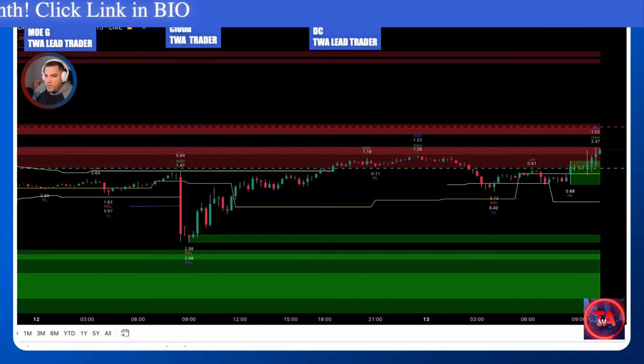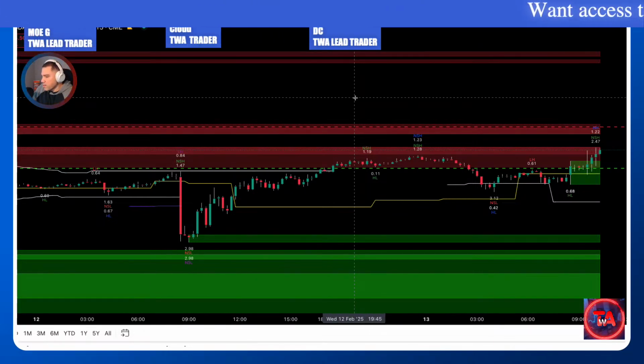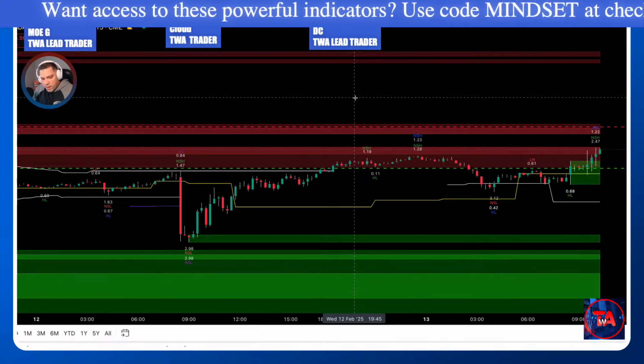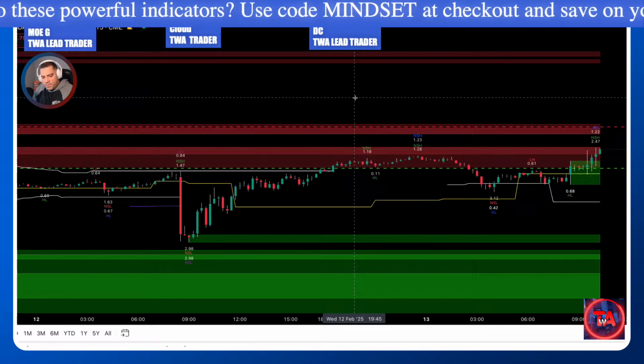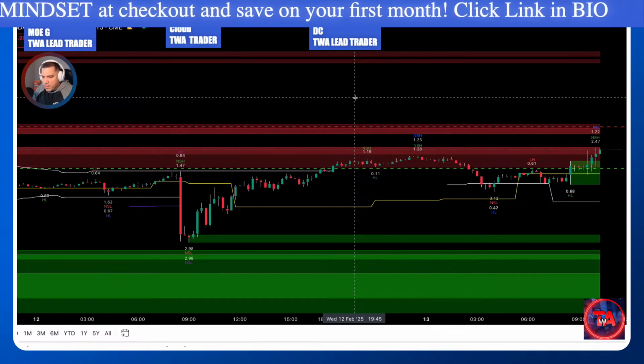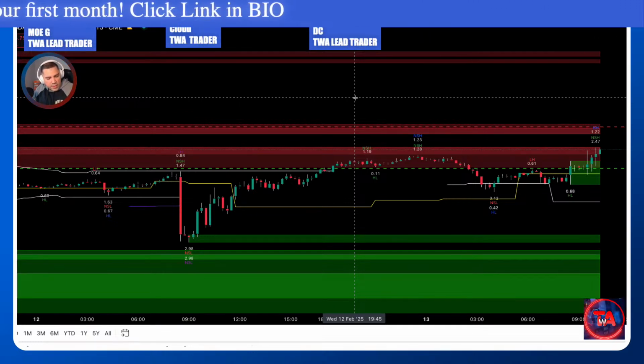And if you want to learn more about market structure and how to use this indicator, go to the Discord, ask questions, and sign up for the mentorship. And make sure you do a market structure class with DC to really get this under your tool belt.